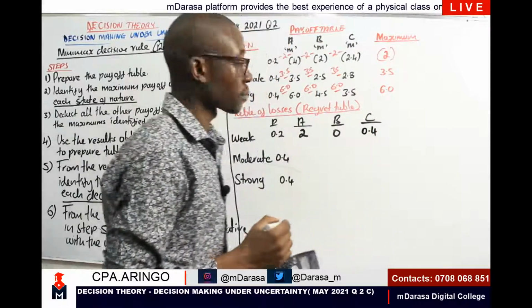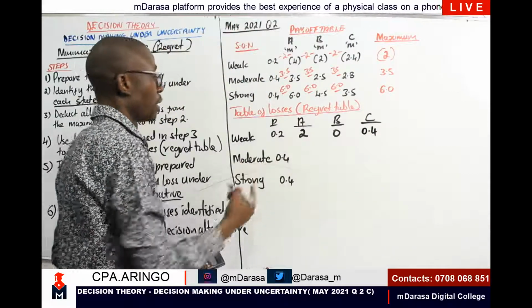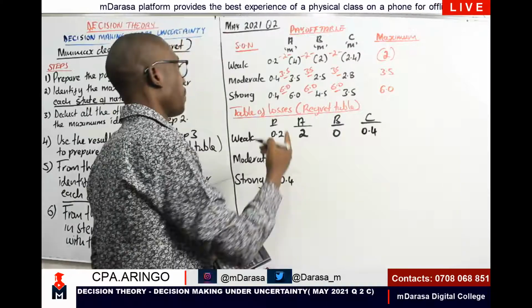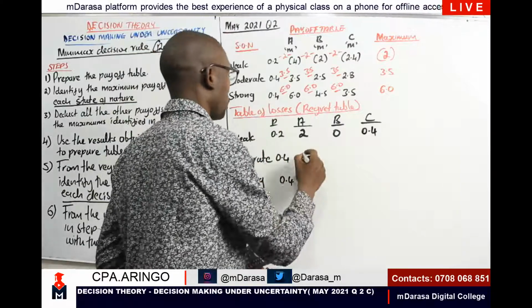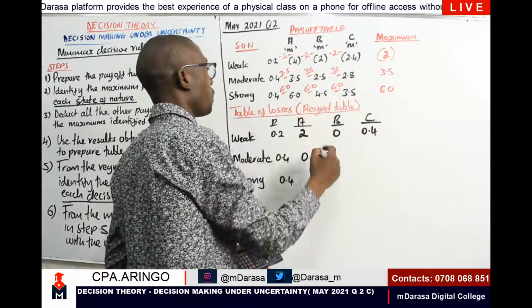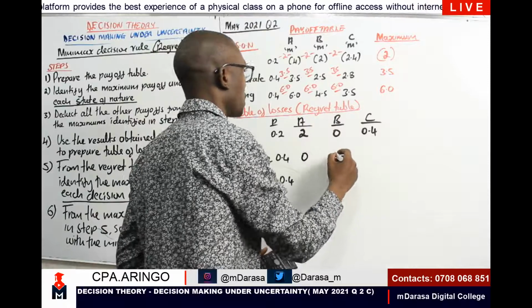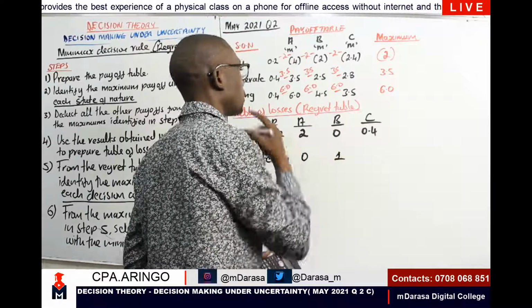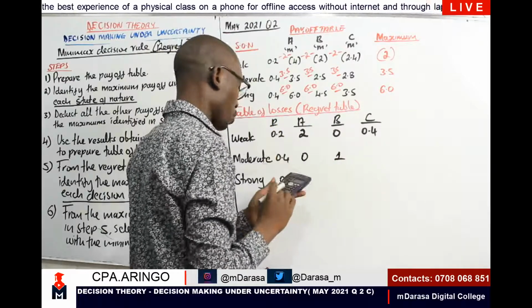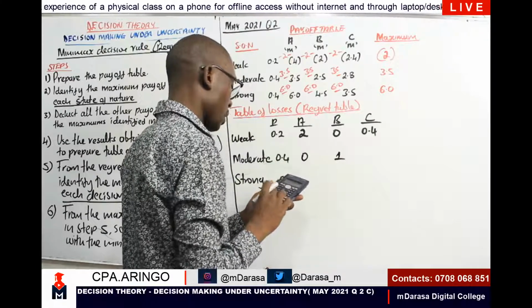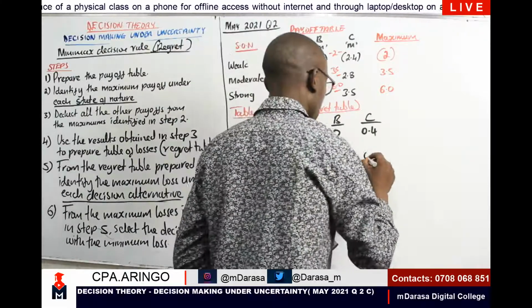Then, at moderate, the same case will happen. This is 3.5 minus 3.5, 0. 3.5 minus 2.5 should give us 1. Then 3.5 minus 2.8 should give us 0.7.